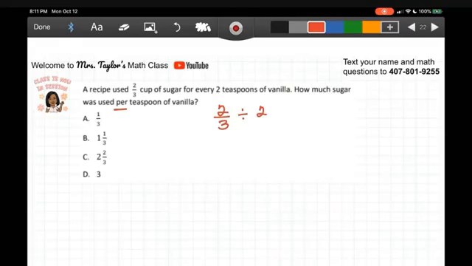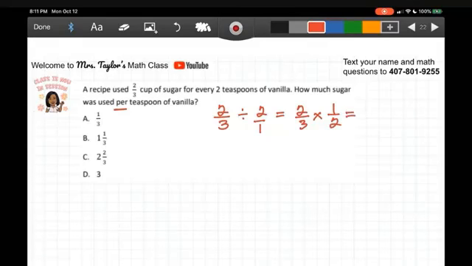So now at this point you need to know how to handle dividing fractions or dividing a whole number into a fraction. So I can rewrite this as 2/1. And now I know I need to multiply the first fraction by the reciprocal, there's that word again, reciprocal of the second fraction.